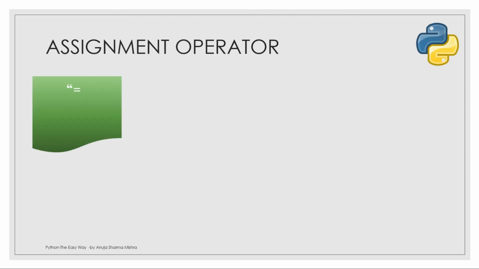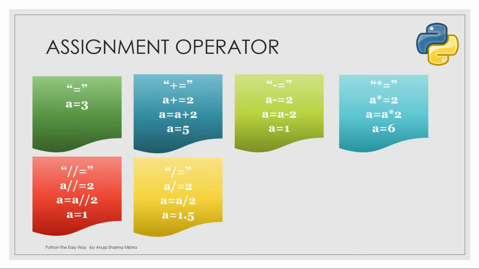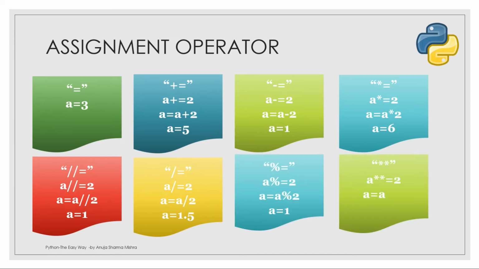So moving on, we have got the next set of operators, that is called assignment operators. As you can see here, you know already one assignment operator, that is the equal to sign. When I say A is equal to 3, that means variable A stores value 3 in it. Similarly, we have a few more assignment operators like plus equal to.